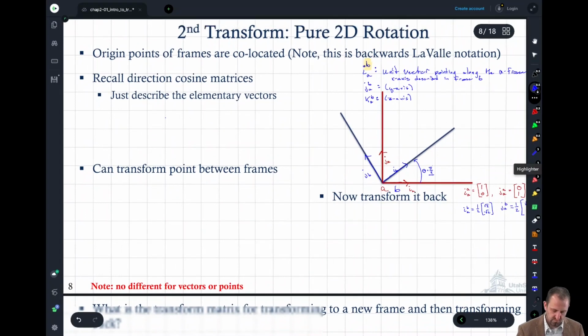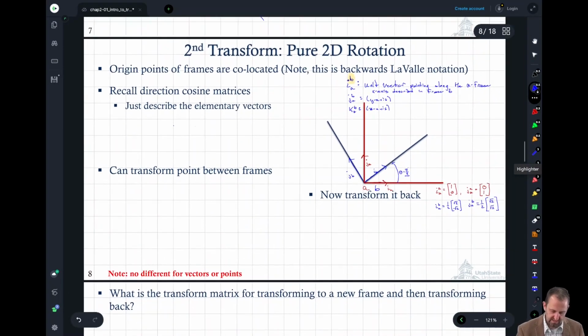Okay. So we now have defined our I-axis in terms of frame A in coordinates for frame B. So we're going to directly write down our rotation matrix from these vectors. We can call this a direction cosine matrix because we're just looking at the direction of where these axes are in the other frame.